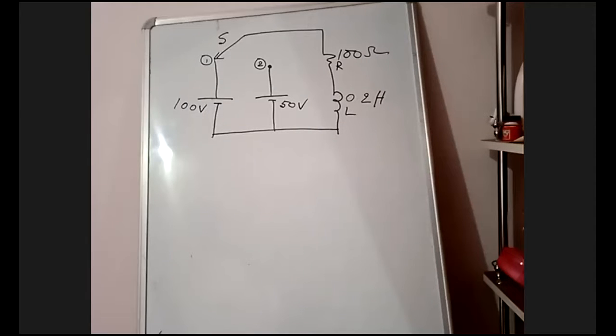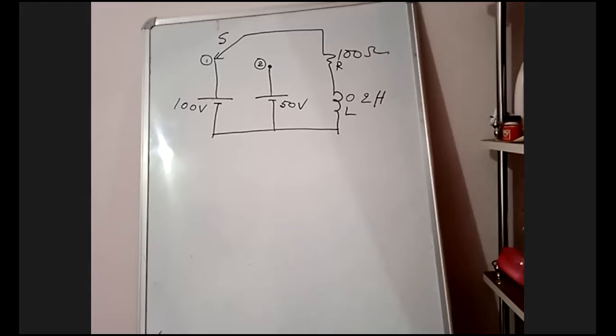From 0 to 500 microseconds, the switch is in position 1. After 500 microseconds, the switch is moved to position 2. He is asking to obtain the equations for the current when the switch is in position 1 and also when the switch is in position 2, in both the intervals.